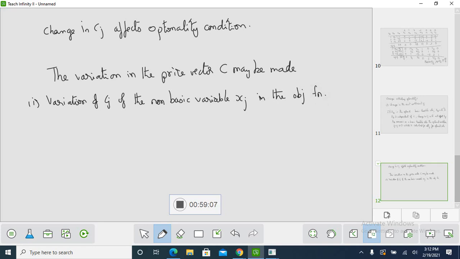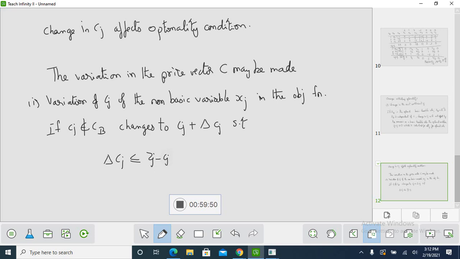It is non-basic, which means my Cj will not belong to the basis vector cost, so it is not in CB. So Cj will now change to Cj plus or minus some quantity, say delta Cj, such that delta Cj is less than or equal to Zj minus Cj.